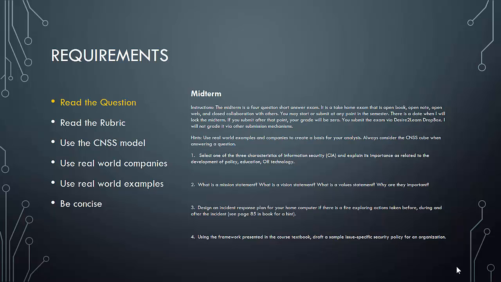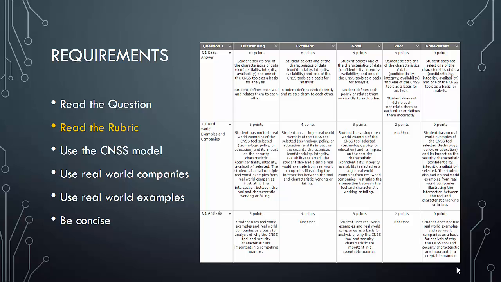After you've read the question, thought about it, think about what it means, go and look at the rubric associated with that question. So the rubric is going to be the grading sheet that I'm going to use to evaluate that question. And so as you look at this question, the first part is, are you answering the basic question correctly? Did you do what I just described?